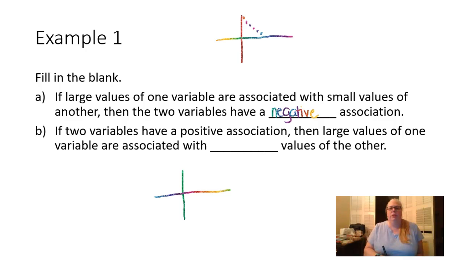There's a positive association going on, so that's going to be something like this heading uphill. If we look at large values of X back here, then they're going to correspond with large values of Y right here. So this is going to be large values of one variable will be associated with large values of the other.